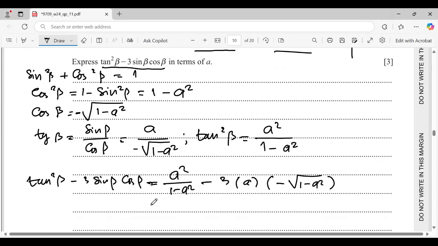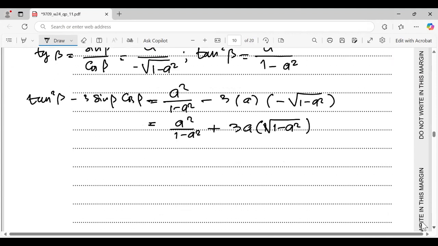So it becomes A squared over 1 minus A squared, and minus and minus becomes plus 3A times square root of 1 minus A squared. That one.